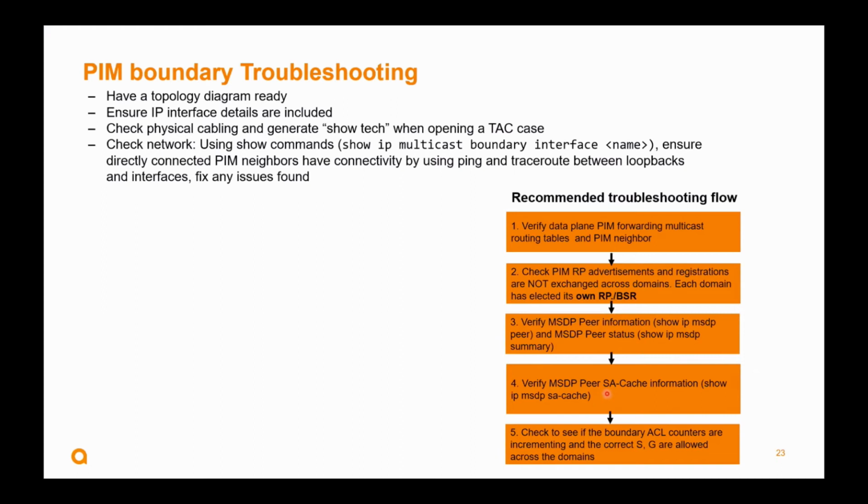The active source is basically the multicast source advertised across the domain to the rendezvous points in other domains. That's where show ip msdp sa-cache kicks in. And then, of course, we have the ACLs that we have defined on the interface.